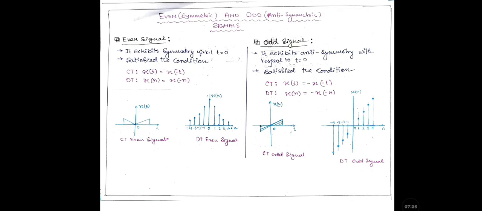Next signal, even and odd signals, or symmetric and antisymmetric signals. Symmetric signals are called even signals and antisymmetric signals are called odd signals.